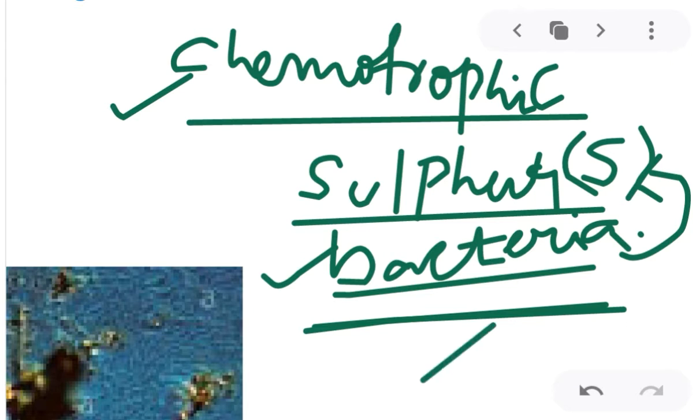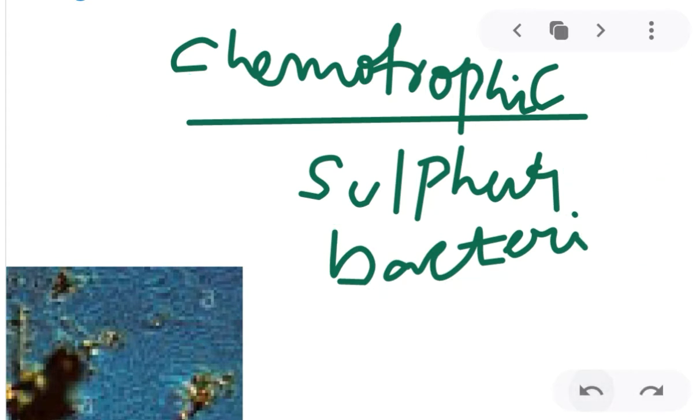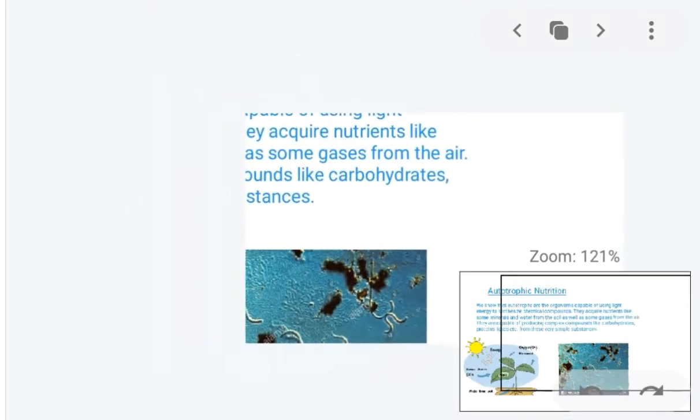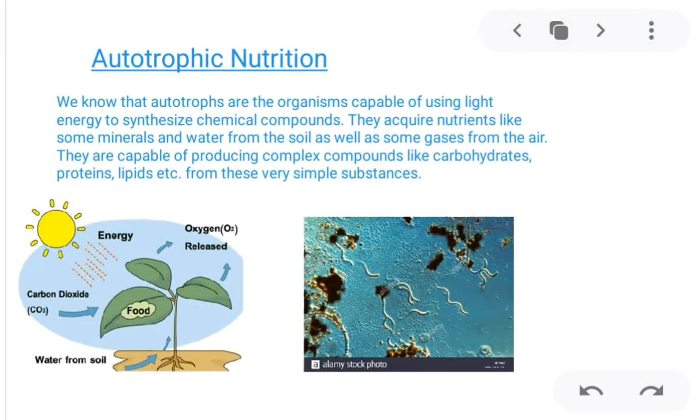Okay, so that is about chemotrophic, and we will discuss now about phototrophic. Phototrophic is also one of the autotrophic modes of nutrition, right? But here light energy is utilized to prepare the food, especially by green plants. So what happened in that?